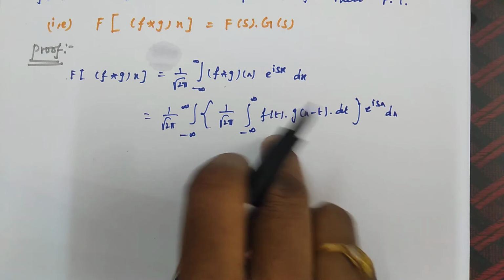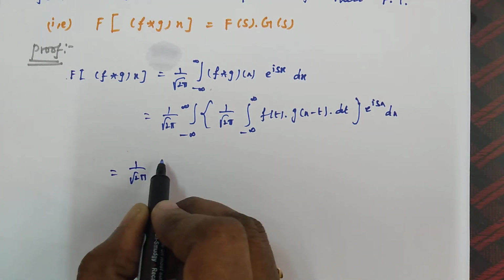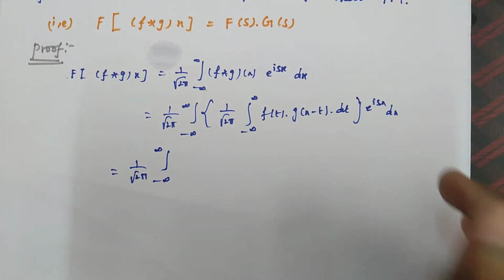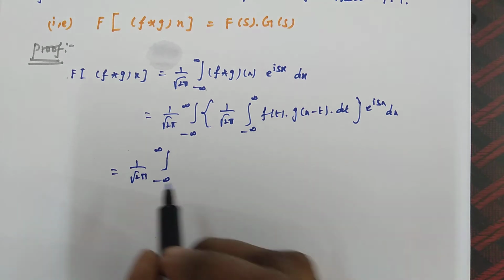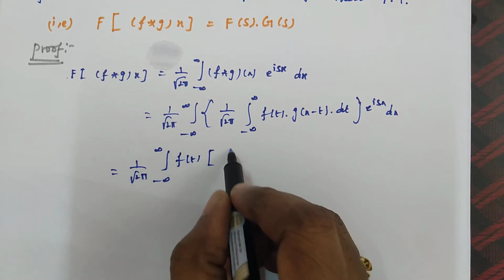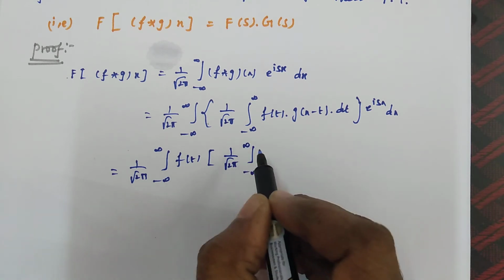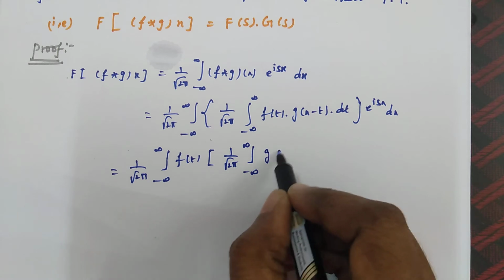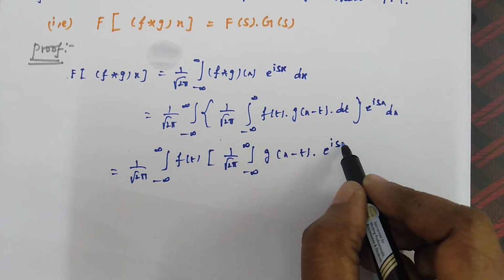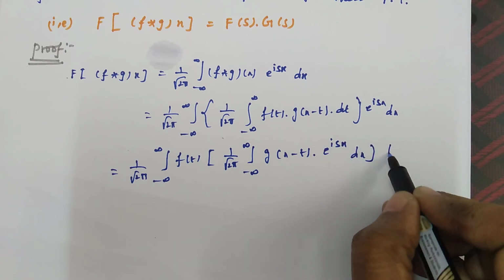Now what we are going to do is 1 by root 2 pi integral minus infinity to plus infinity. Just we are changing the order of the integration, that is function of t. So f of t into 1 by root 2 pi integral minus infinity to plus infinity g of x minus t into e power isx dx, then dt.